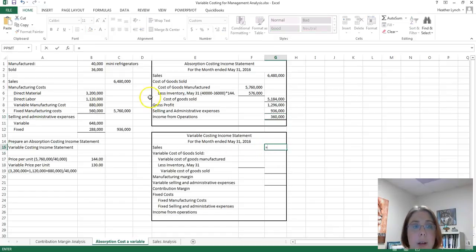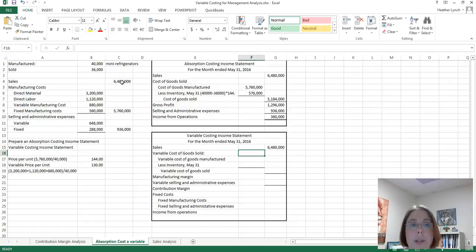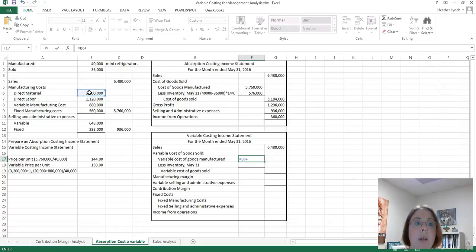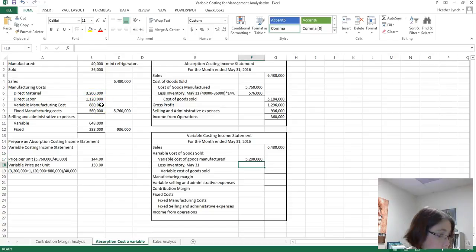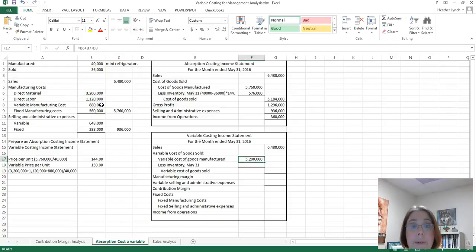So in our variable costing system, we're still bringing over our sales. Now notice that up here I said cost of goods sold. Here I'm going to say variable cost of goods sold. So this one is your 3.2 million plus your 1,120,000 plus your 880,000. We did not include that fixed.